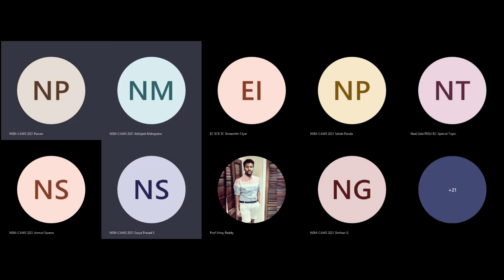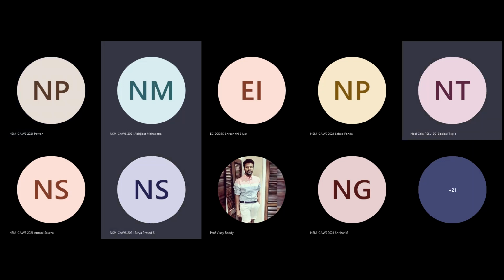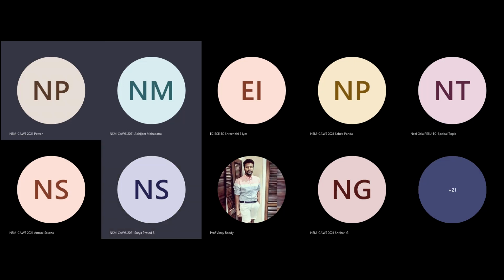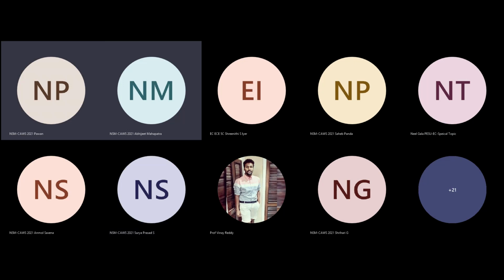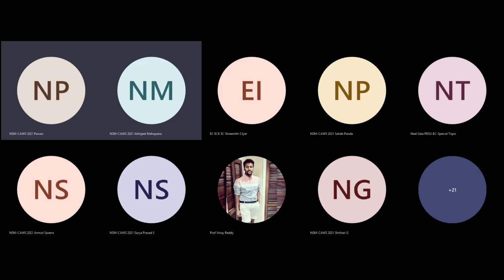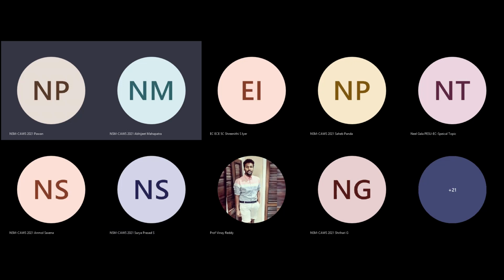You'll have to manually look through your slash opt bins and your slash bin directory and all of that. Or you can also look at the set of installed software. There should be a command out there. I don't remember the command. But that will list the set of installed packages.